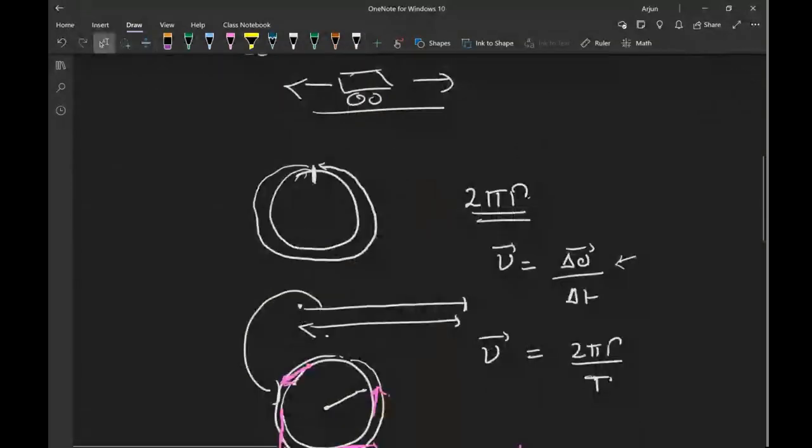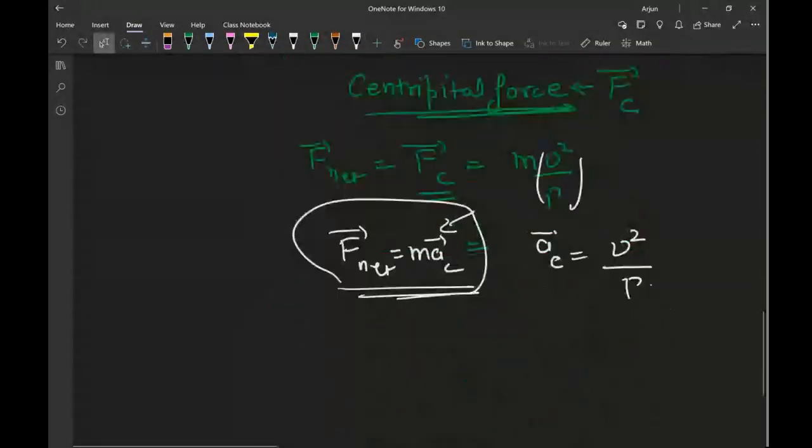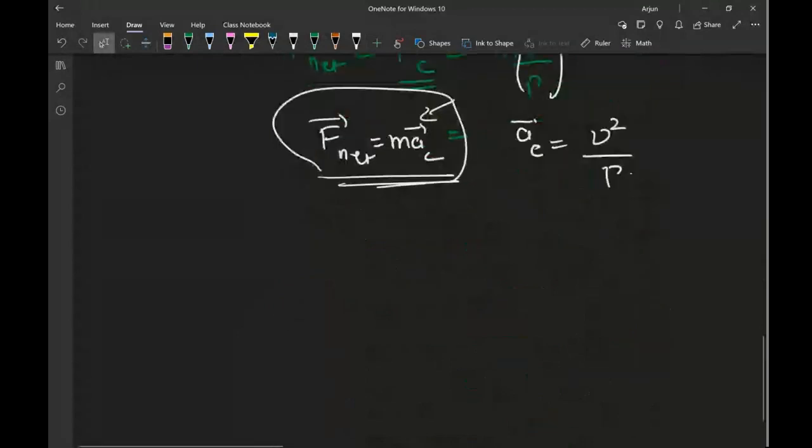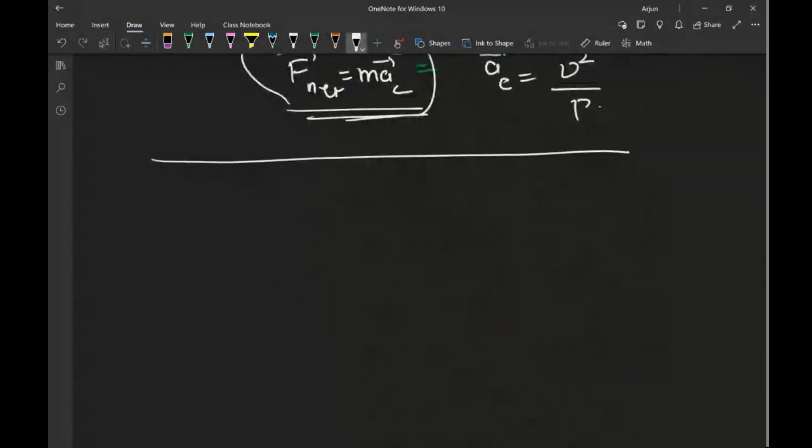Now with this, I will try and take another concept of the circular motion. Let's talk about an object, let's say there is a car, which is taking a circular turn. So this is the car down here, which is trying to move in a circular direction, and we wanted to identify what is the net force on this one, meaning what is the value of Fc on this one.